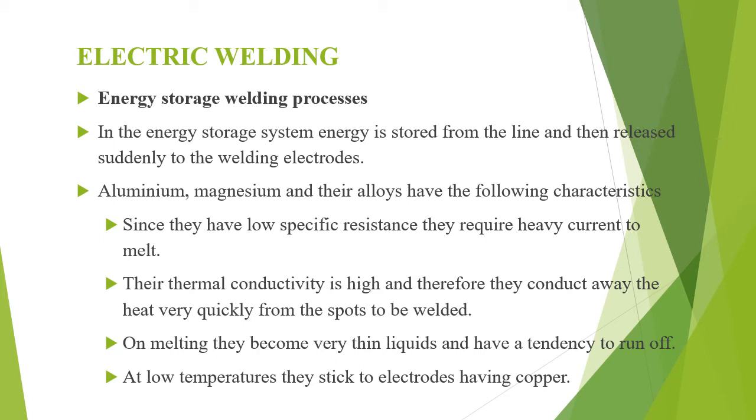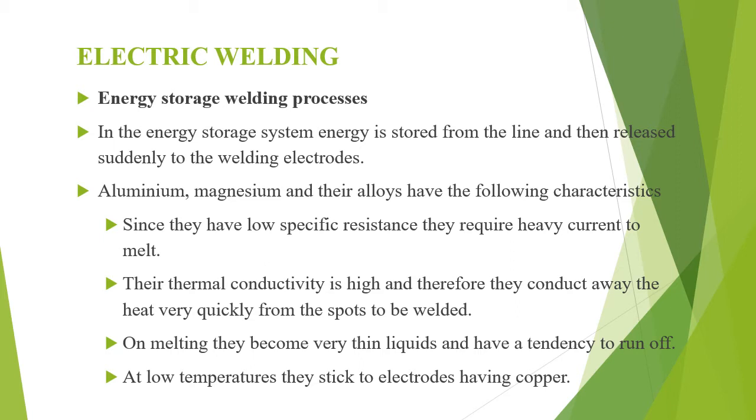Aluminium, magnesium and their alloys have the following characteristics when it comes to welding them. Since they have low specific resistance, they require heavy current to melt. Their thermal conductivity is high and therefore they conduct away the heat very quickly from the spots to be welded.